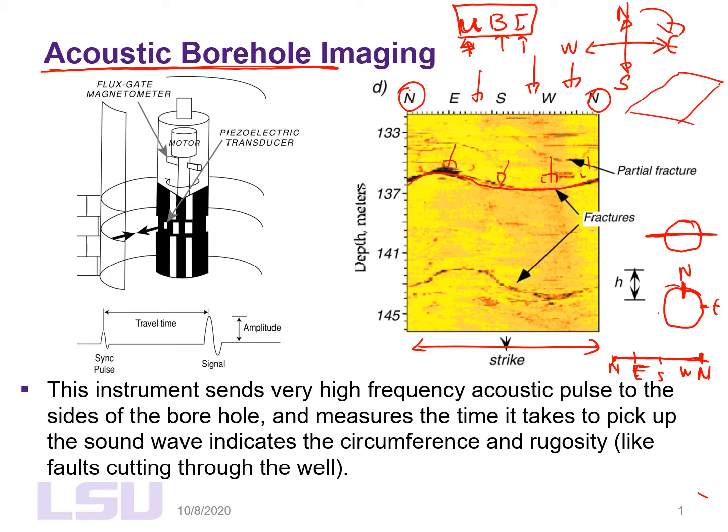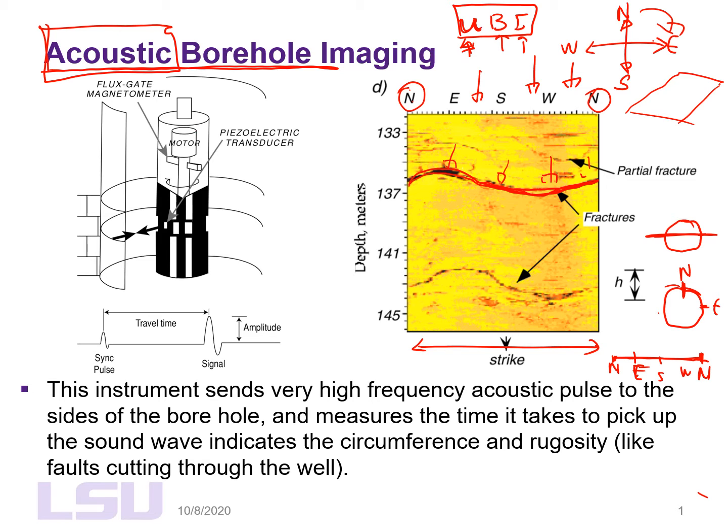And now I move on to discuss the tool that was used to generate this, which, like I said, is the acoustic borehole imaging. And you all already know this involves sound. So the tool has a motor like shown here, which makes it rotate. And by the way, it's the rotation that makes the planar fracture appear as a sinusoidal line.